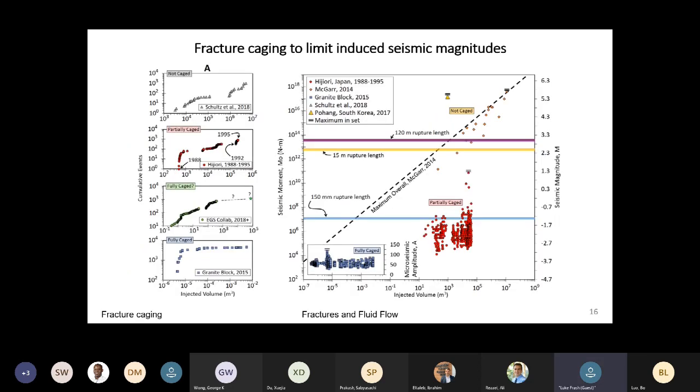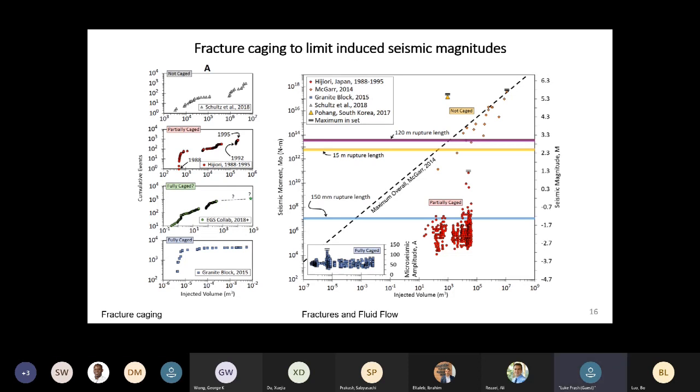So to try to better couple the linkage between what I just showed and controlling induced seismicity, which is a little bit of a leap, I have looked at field data from Japan and Canada and my own laboratory data. And what you can see is when you have more leak off in your system and you're injecting in a steady state, you can get to this kind of plateau in seismic activity if you're recovering enough of that injected fluid.